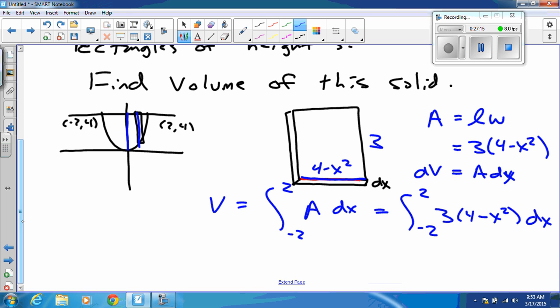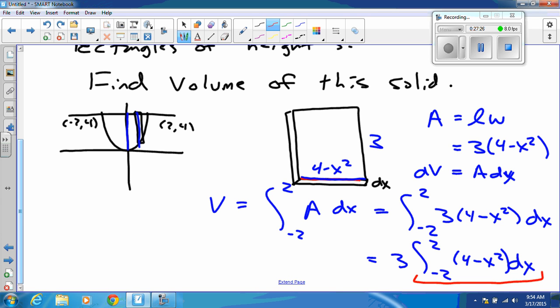Now let's pause to appreciate Tommy's wisdom, because according to my constant multiple rule, that constant 3 comes to the outside. And look at what this integral represents. That integral is the integral from -2 to 2 of top curve minus bottom curve. What is that? That's the area of my region, multiplied by the constant 3.